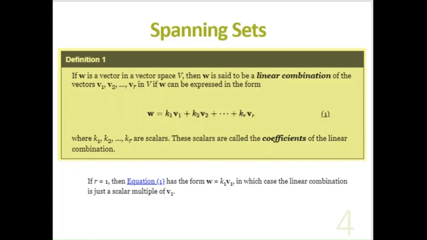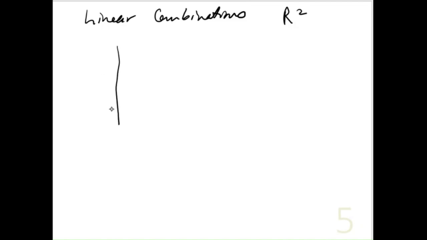So we've actually seen examples of this before. I'm going to refresh your memory a little bit here. When we're looking at linear combinations, I want you to think first in terms of R2, two-dimensional space. Here we'll have our usual Cartesian coordinate system.